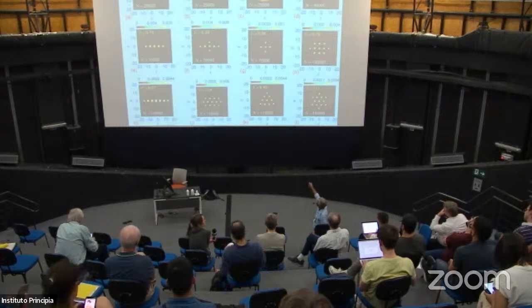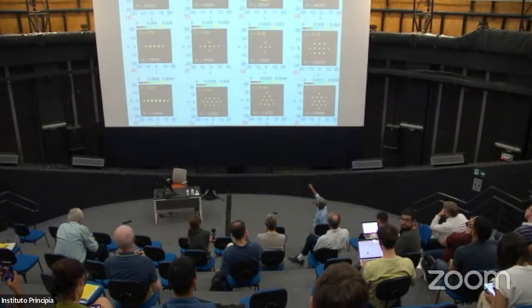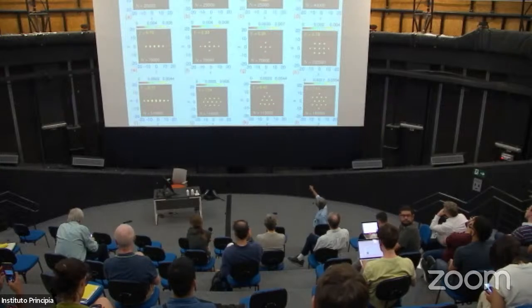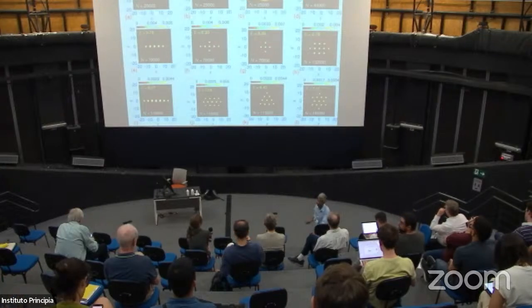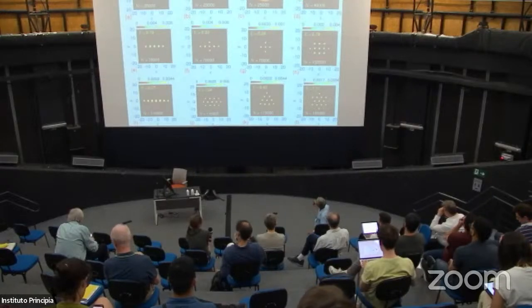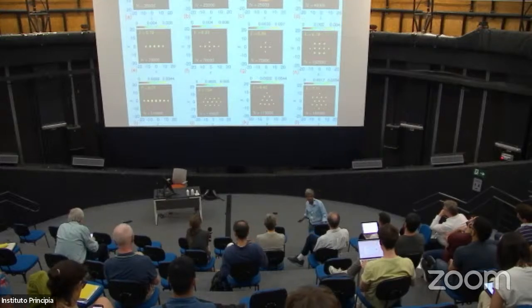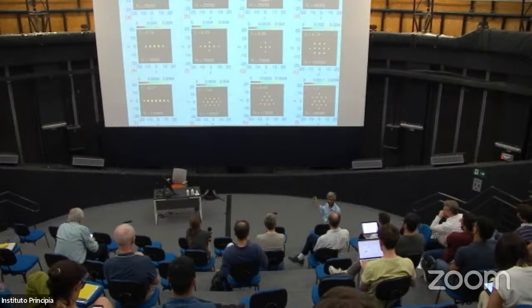But I don't have control. It can go to another state depending on the trap. For the same number of atoms, it can go to two different structures from the initial state. So you need a guidance, you have to select. I'm showing those states which are really symmetric. It has some spatial symmetry. But there could be ugly states also.